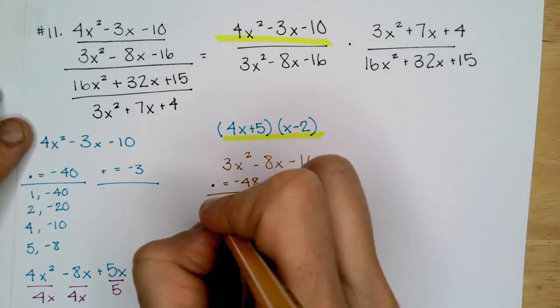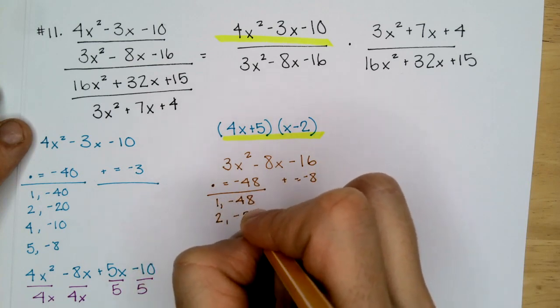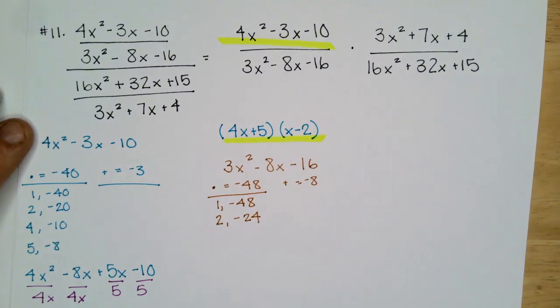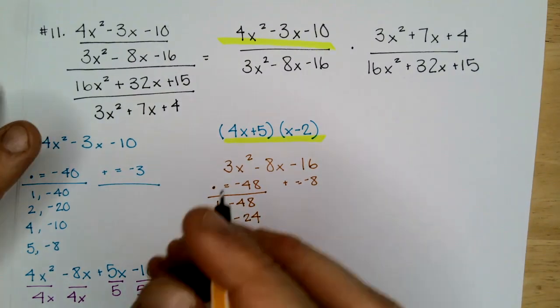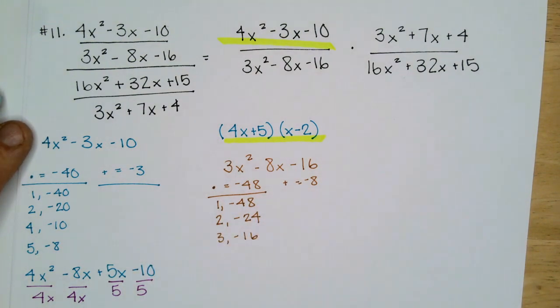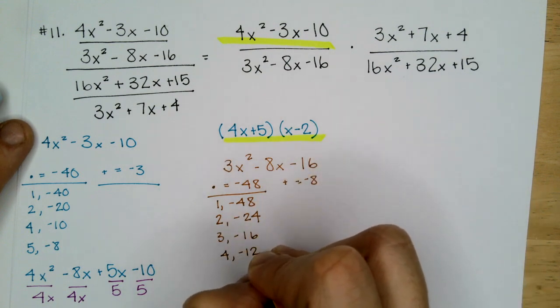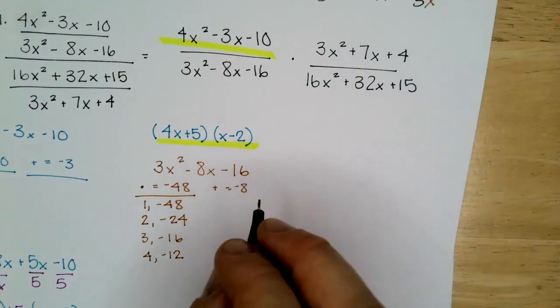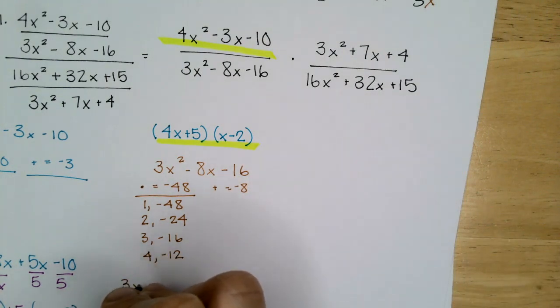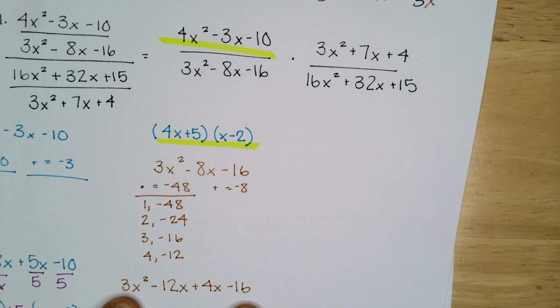So we have 1 negative 48, 2 negative 24, 3 negative 16, 4 and 12. 4, negative 12. That's a good one. So now it is 3x squared minus 12x plus 4x minus 16, right?